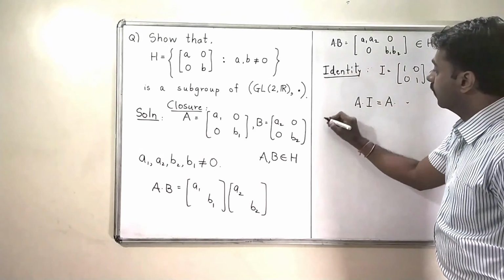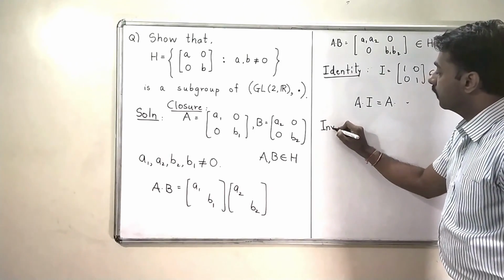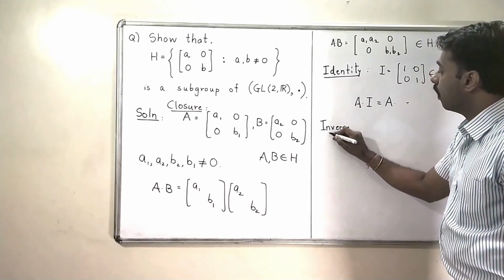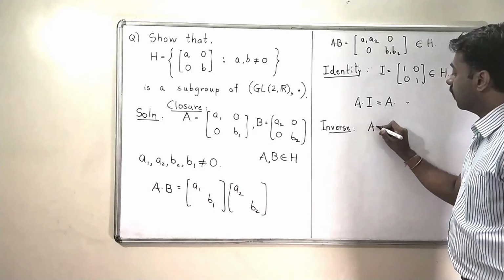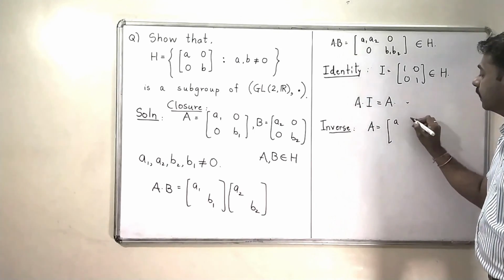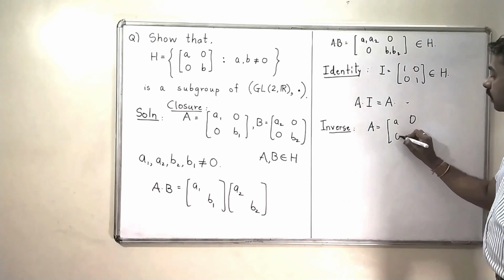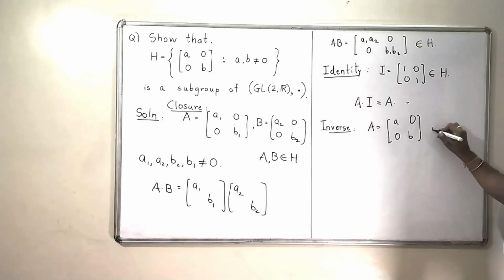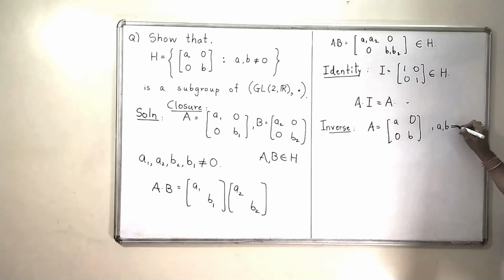Then the third is the inverse. Now what is the inverse of a matrix of the form A 0 0 B, where A and B are not equal to 0?